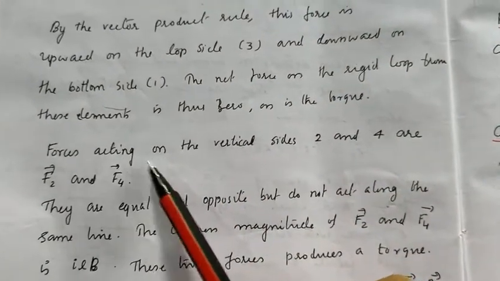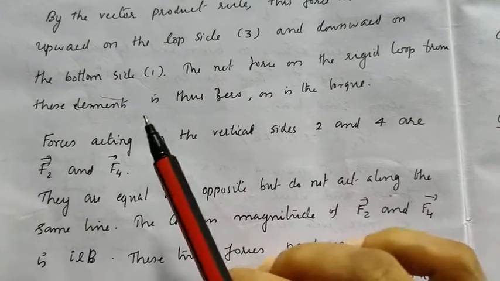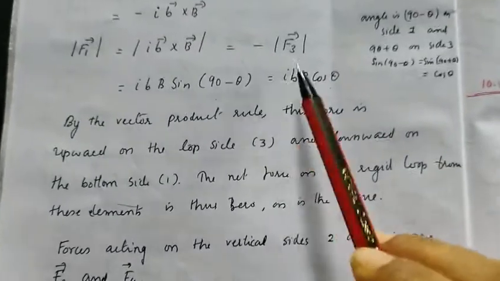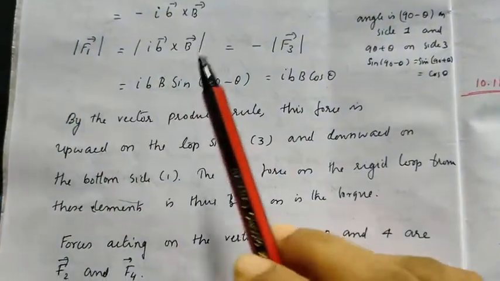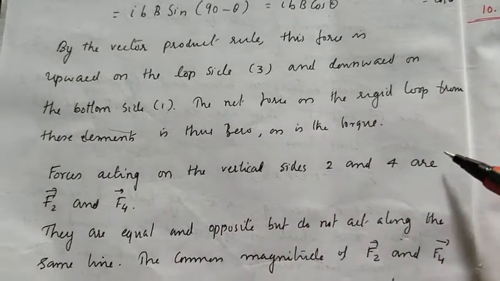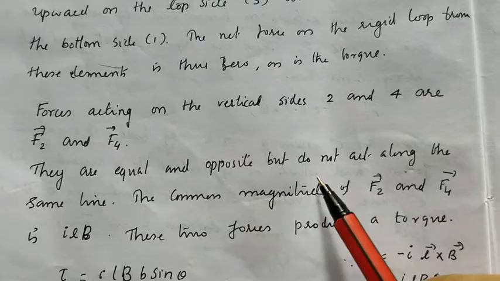Now we have to find out the forces acting on the vertical sides 2 and 4, F2 and F4. So we are applying the same method here to find the forces acting on sides 2 and 4. They are equal and opposite but do not act along the same line.